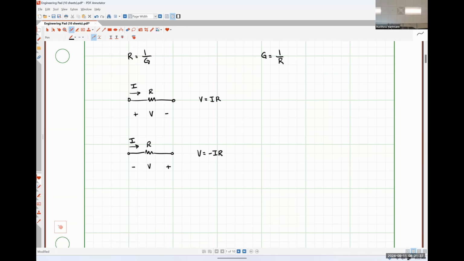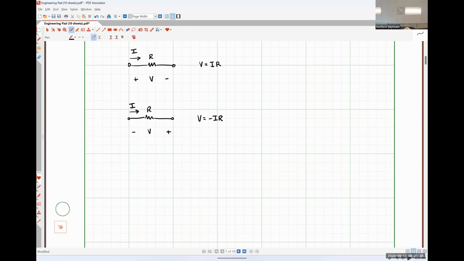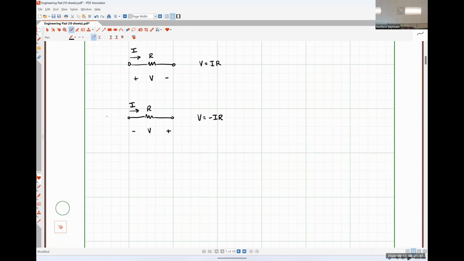Let's look at an alternative definition for resistance. This is a relationship that I believe that you guys used at least at some point in the Engineering 121 class, but we're going to take a look at it here, and it's going to help us explain a couple of assumptions that we've made previously. Okay.